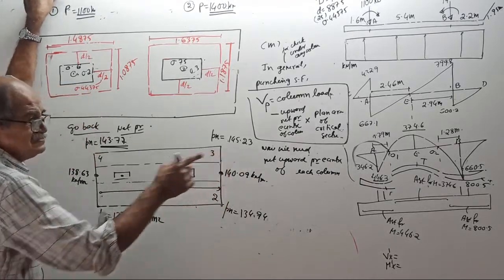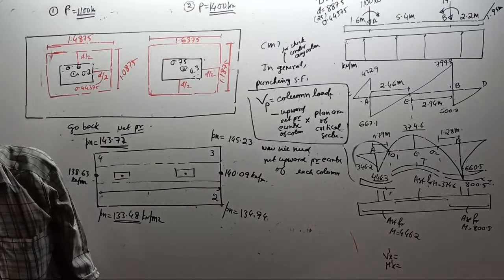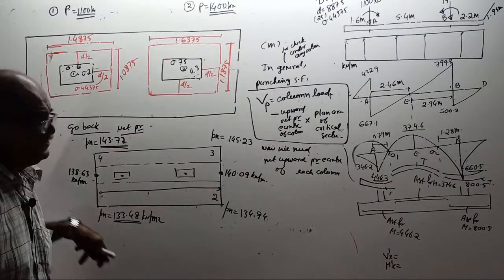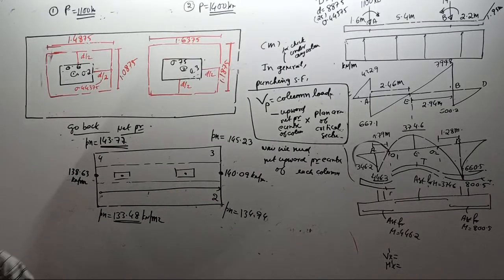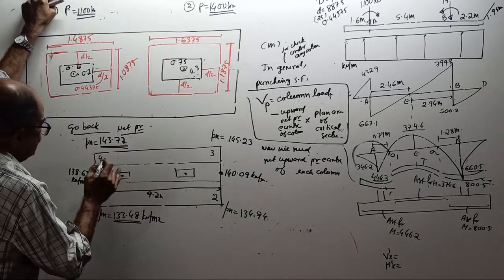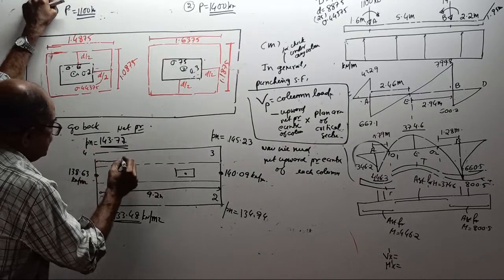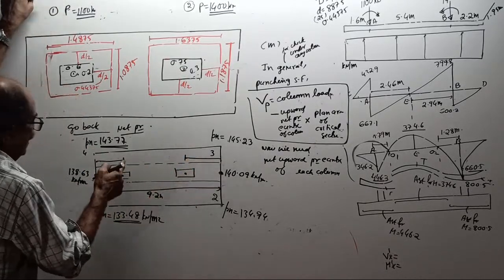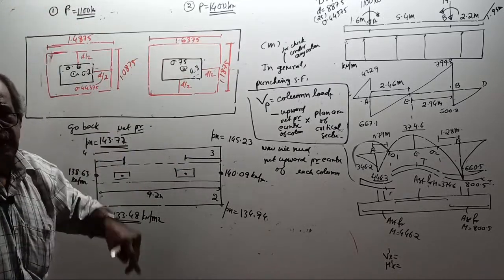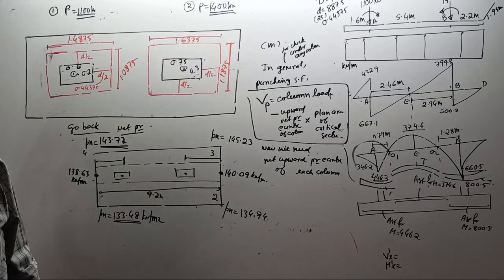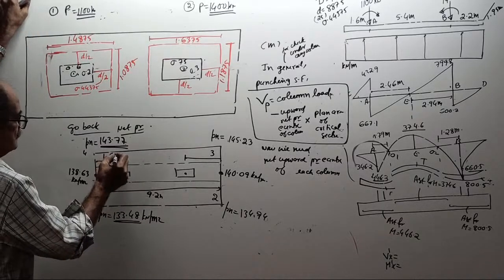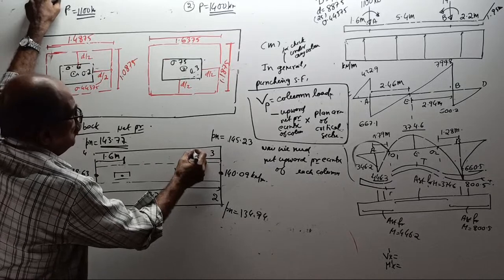This full length. If you give a wrong value, I can't do anything. The full length is 9.2 meter. Now tell what is this length and what is this length, from this edge to the column center, it is there only. How much? You can see it there. 1.6 meter, and here this is 2.2 meter.